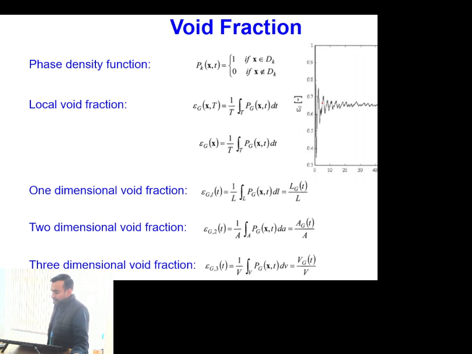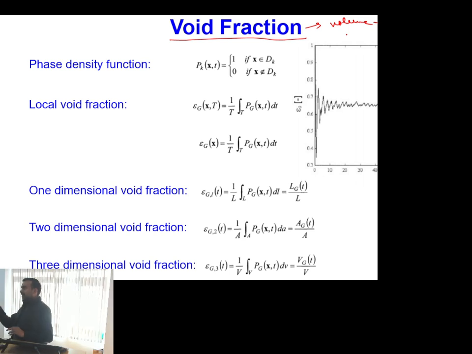Earlier I gave this quantity the name volume fraction. If we do it on the volume basis, then we can say the volume in a particular pipe section occupied by the gaseous phase divided by total volume is the volume fraction of the gaseous phase, or void fraction.